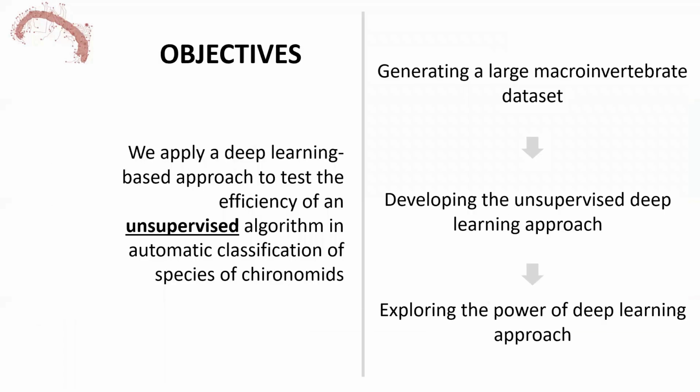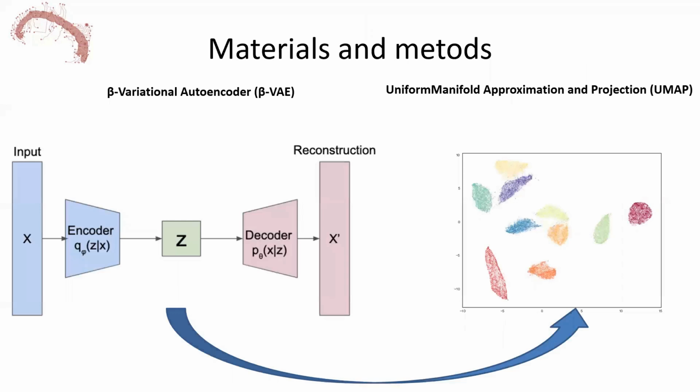So the objective was to apply a deep learning based approach to test the efficiency of an unsupervised algorithm in automatic classification of species of chironomids. So we use the same data set, but this time completely different architecture of neural network. For this purpose, we use autoencoder.